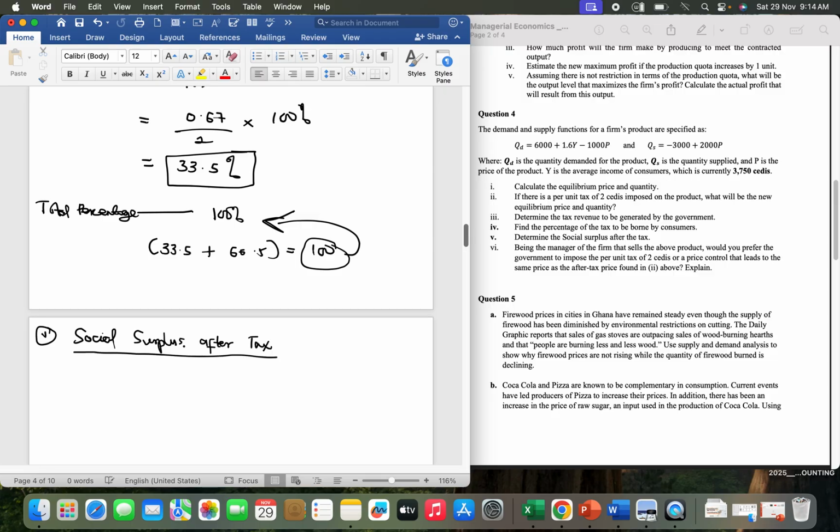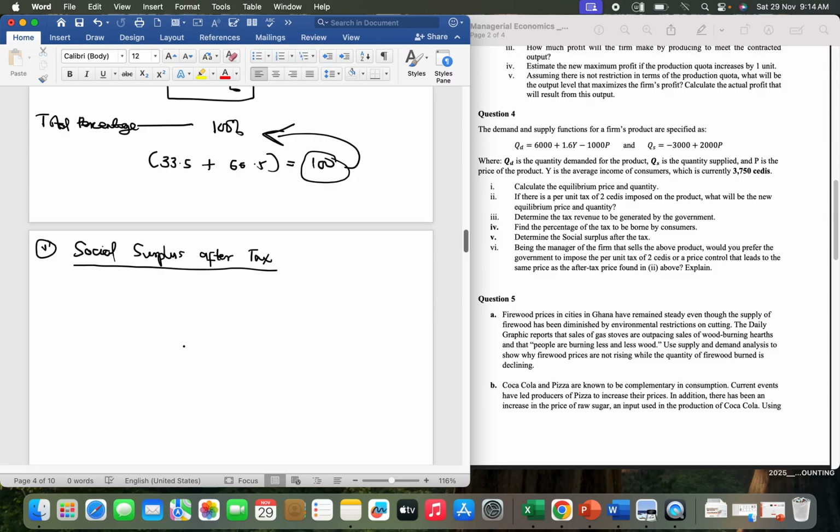Let me show you the clear distinction. Let me just give you a note here before I solve the actual thing. We have before, and we have after.